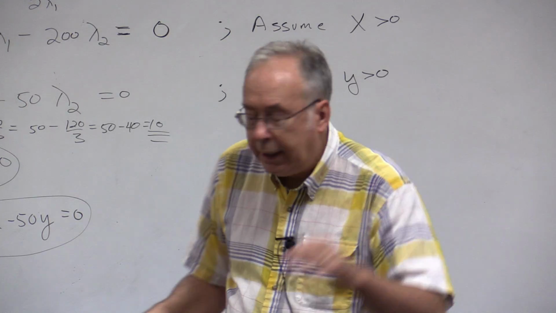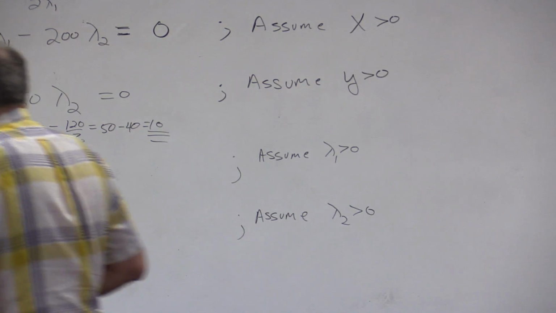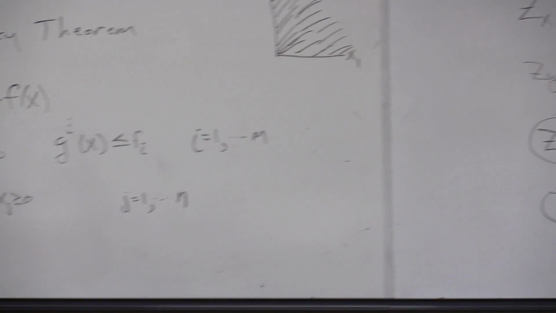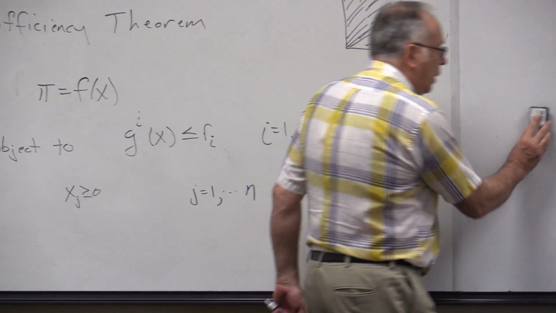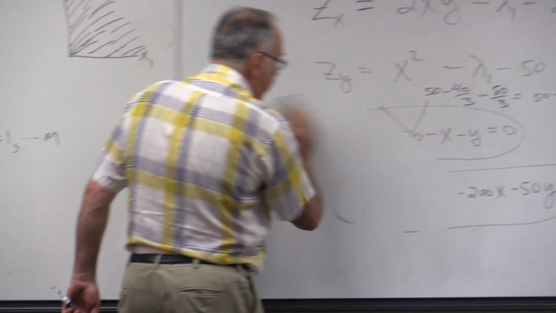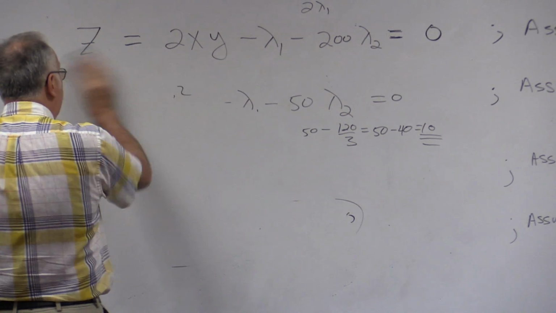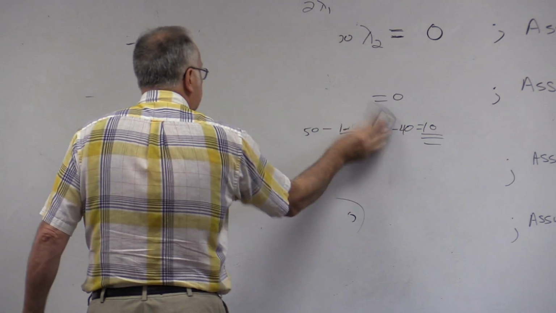Okay. Let's take our problem, the problem that we did on the quiz today. Let's look at our objective function. What was the objective function for the quiz problem today?